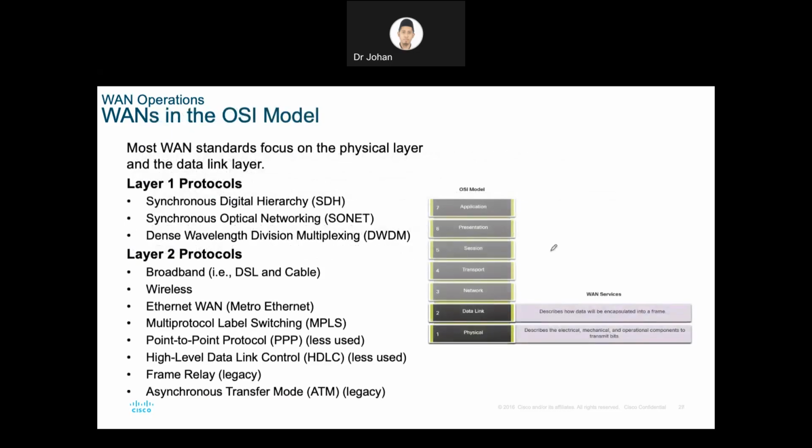Most of the WAN standards focus on the physical layer and data link layer. For WAN services, the data link describes how data will be encapsulated into a frame, and the physical layer describes the electrical, mechanical, and operational components to transmit a bit.